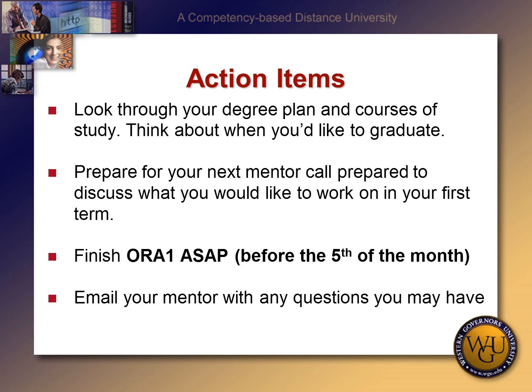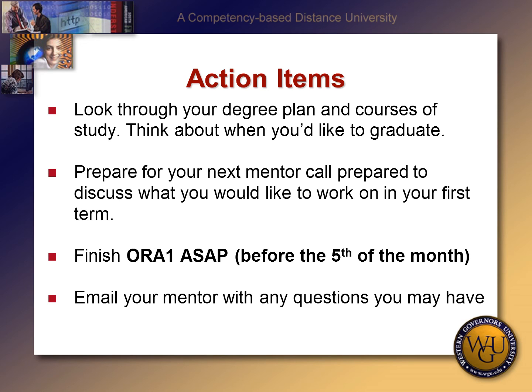Your action items are your homework. Look through your degree plan and your courses of study. Think about when you'd like to graduate. Play with that time calculator and see what you have to do, instead of telling your student mentor, when they ask when you want to get done, that you want to get done in a year without really seeing.